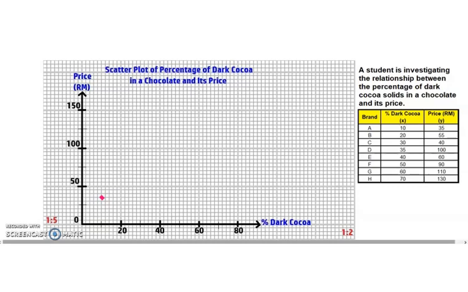Okay, next data, x 20, y 55. So x 20, y 55. So 50, 55 here. Next, 30, 40. So 30 here, 40 will be here. Next, 35, 100. So 35 will be somewhere around here, 35 and 100, so here.